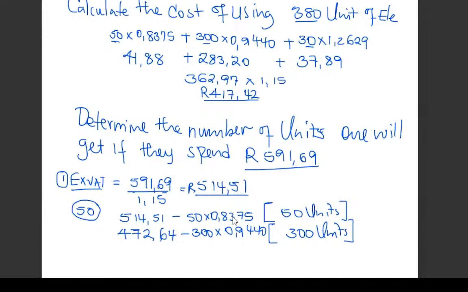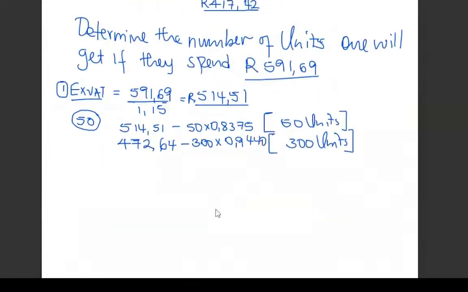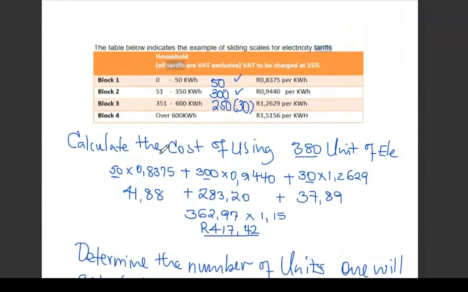So I remain with this. But then I ask myself, now I've gone to bracket block number 3. Block number 3, if I'm to use all the units, how much do I pay? Let me see. 250, this one here.